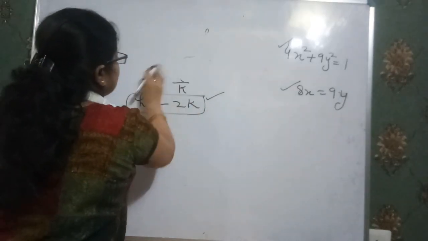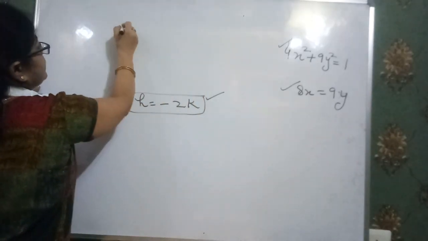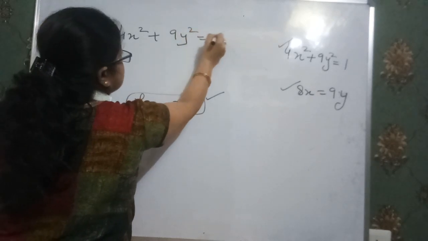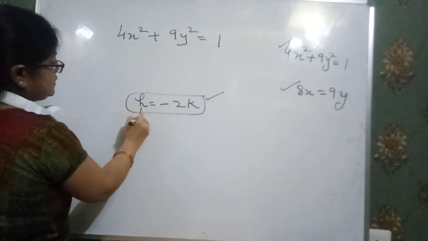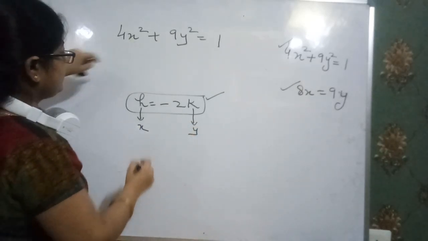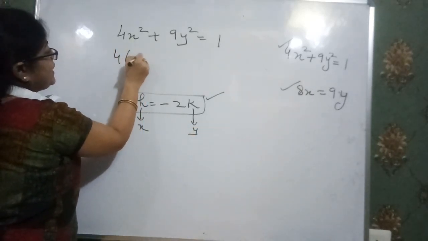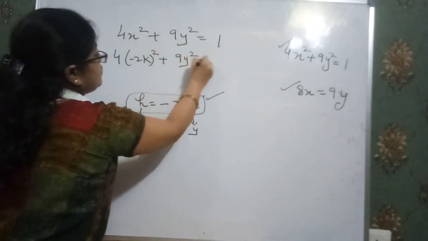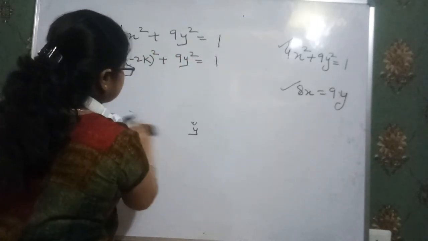Okay. Now our equation of the curve is 4x square plus 9y square is equal to 1. So this h denotes x, this k denotes y. Now here for x square we put 4 into minus 2k whole square plus 9y square is equal to 1. Now just solve it.